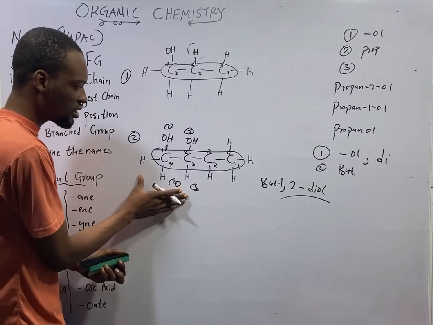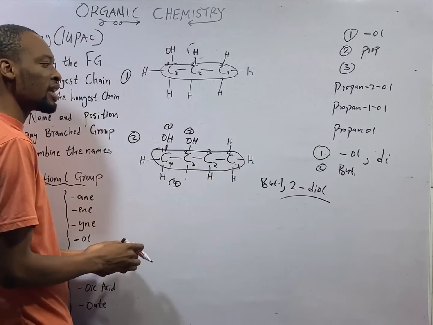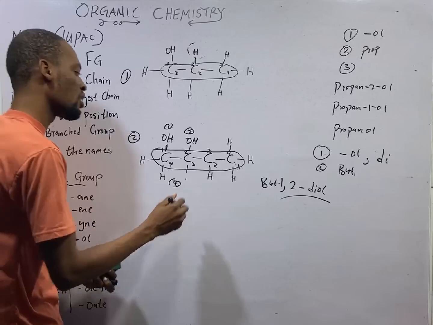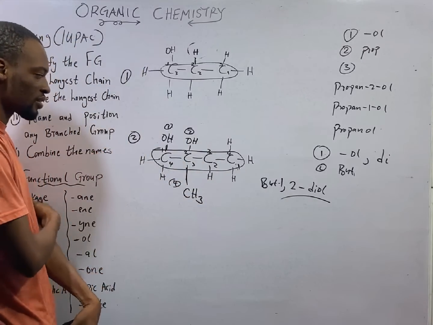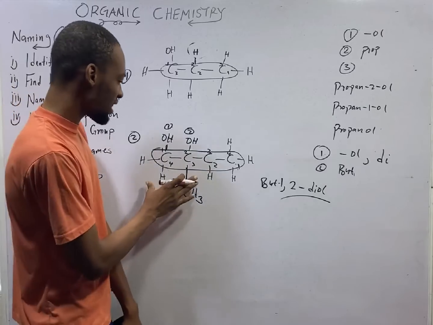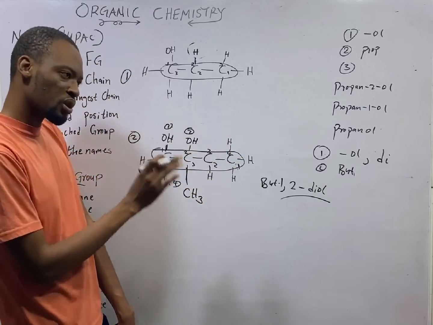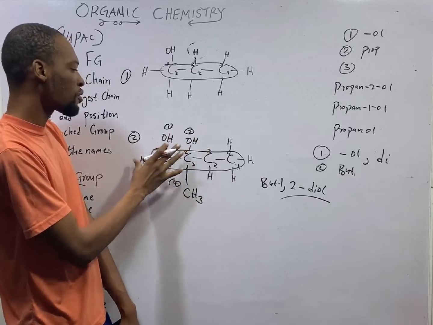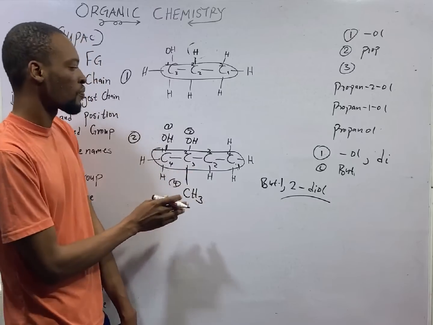This kind of thing, you can have a methyl. We've named this compound, that is but-1,2-diol or butan-1,2-diol. You can actually have something like this in this type of compound. If you do something like this, this remains our longest chain because the 2 functional groups must be in the longest chain, must be in the naming.